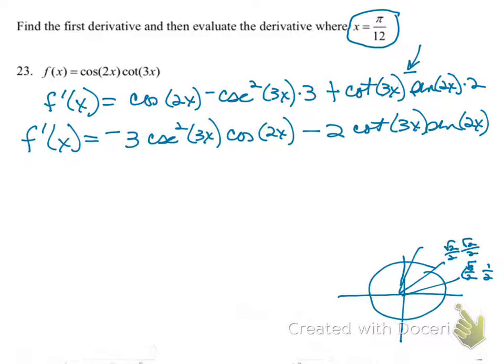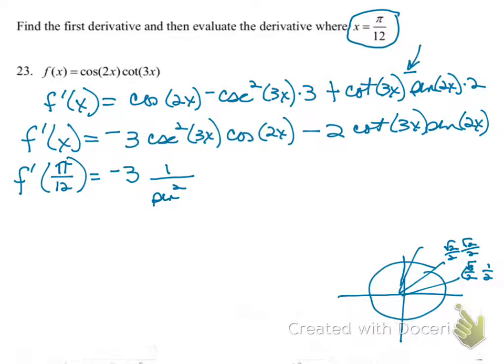Okay, so now what we're going to do is this. Let's first plug in this angle and see what that looks like. Okay, so I have -3. Now, let's think about this. Cosecant squared is 1 over sine squared. We're just going to make our lives easy. So this is 1 over sine squared.